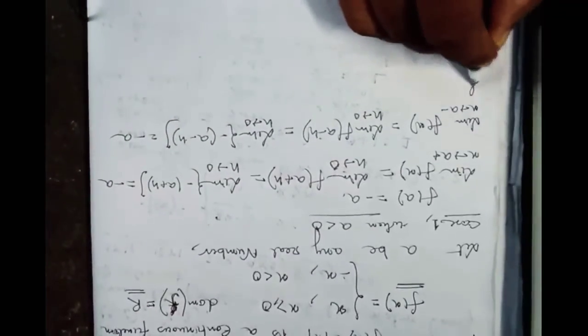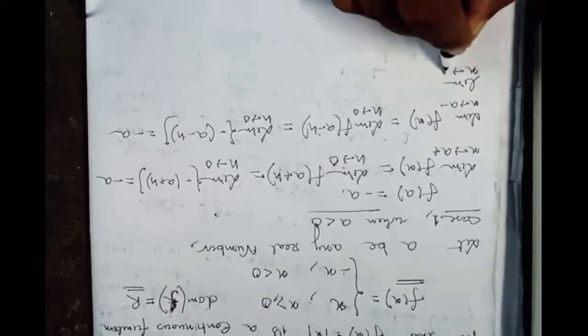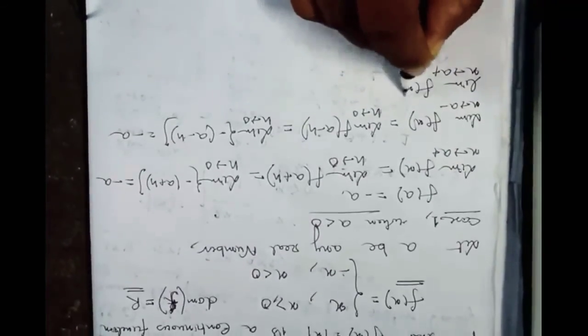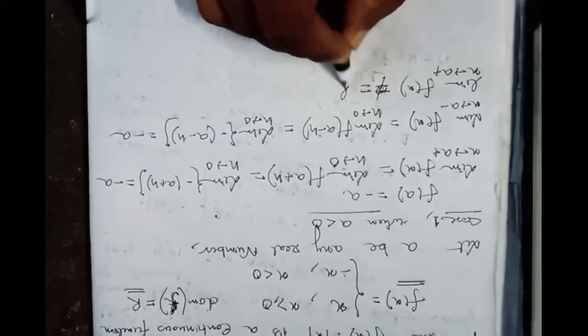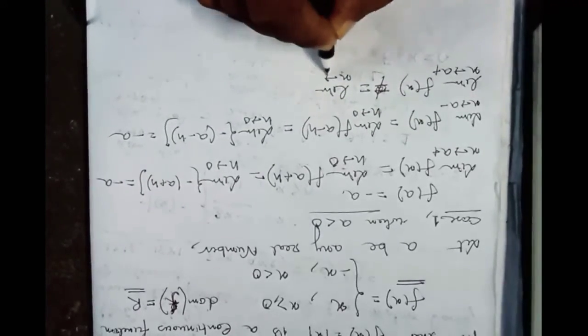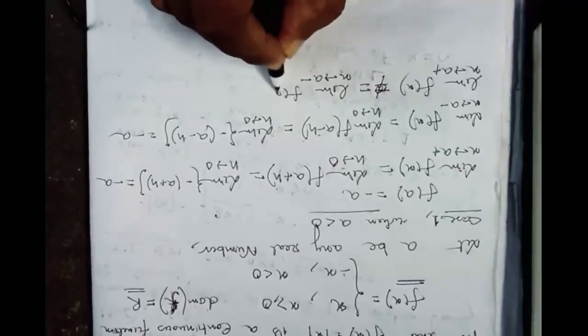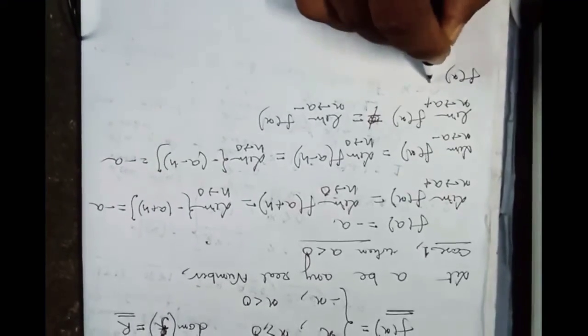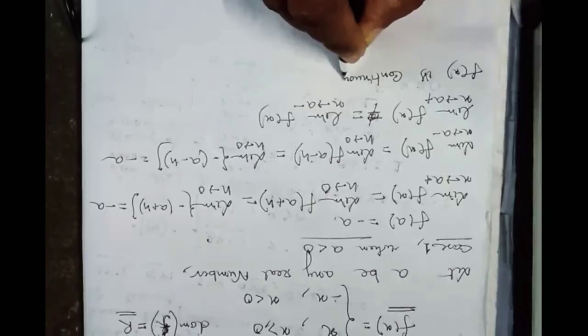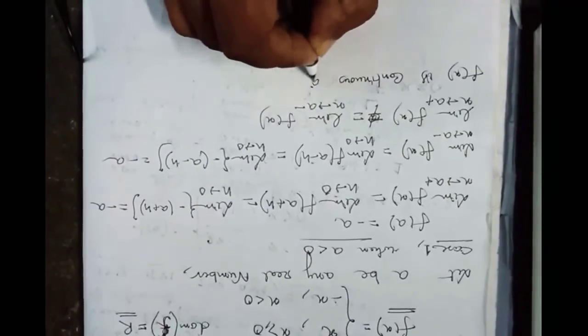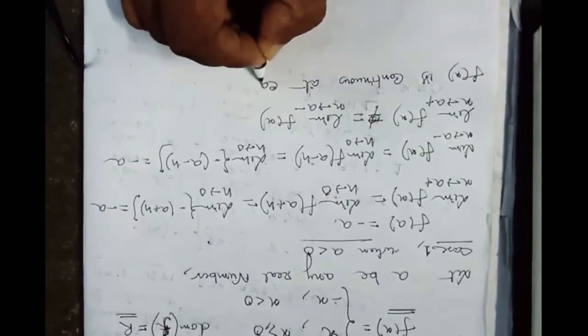So limit x tends to a plus f(x) equals limit x tends to a minus f(x). So it is continuous. So we can say that f(x) is continuous at each a less than 0.